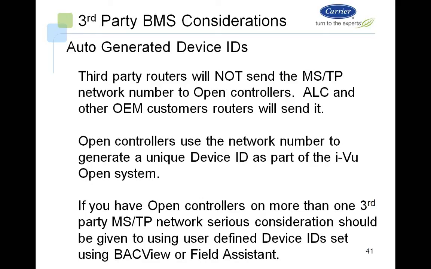So the only way to avoid that in that case would be to use BACview or Field Assistant to set the device instance manually for those controllers to ensure unique device instances.